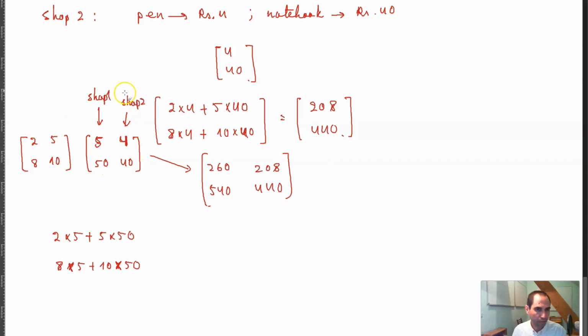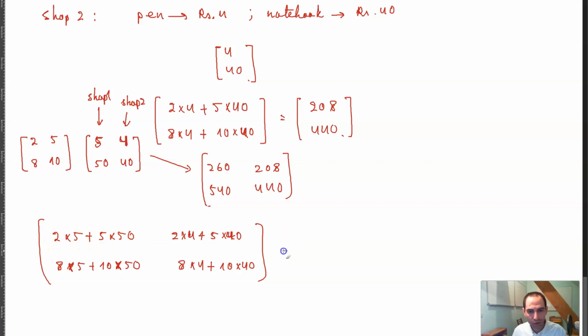So I can do the same thing for shop 2 as well, meaning I can say 2 times 4 plus 5 times 40, and then I can say 8 times 4 plus 10 times 40. And then if I add these numbers together, I get 250.